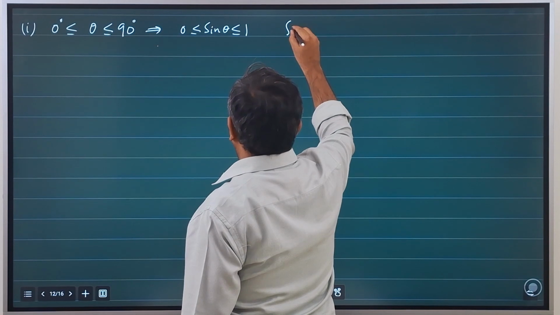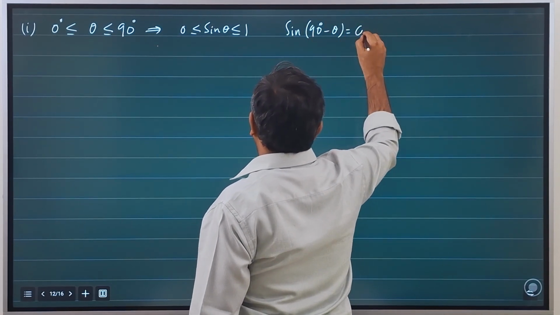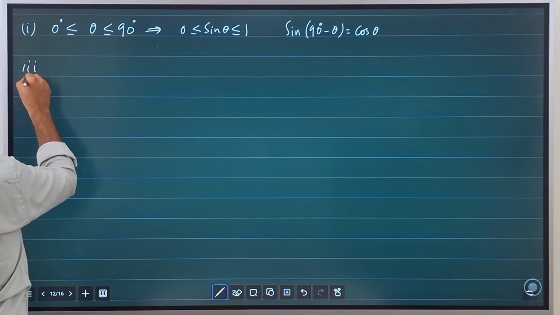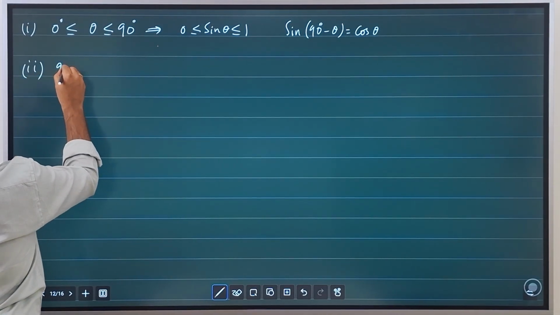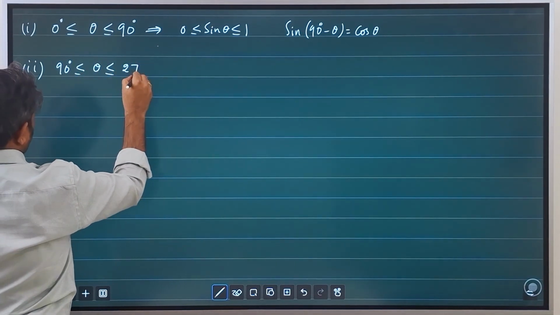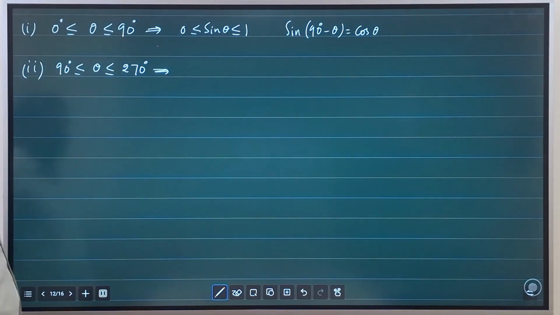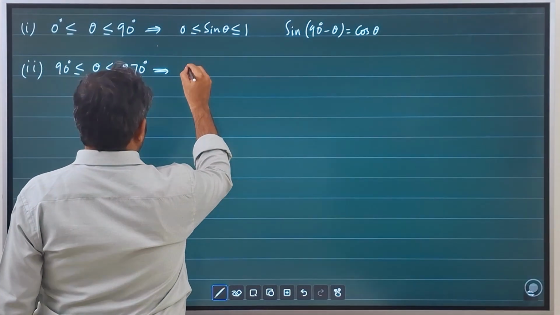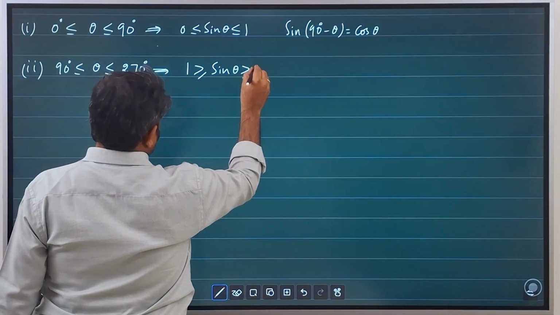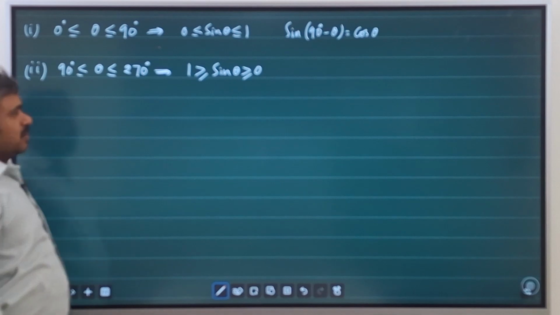Sin of 90 degrees minus theta is equal to cos theta. In the second quadrant, as theta increases from 90 degrees to 180 degrees, sin theta is decreasing from 1 to 0.